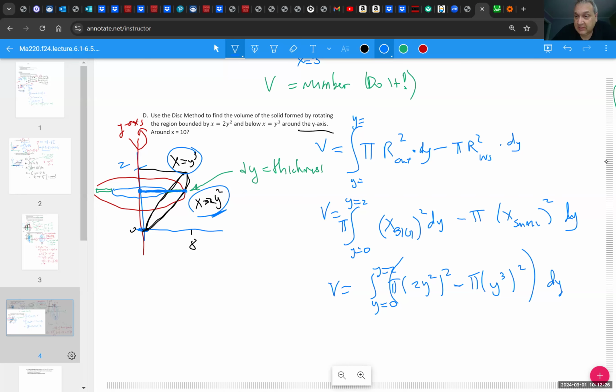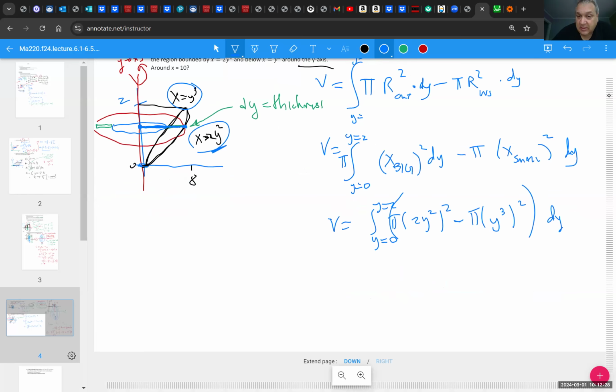At this point, you just have to do the math. So you get the pi, you get 4y to the fourth. Some people put the 4 in front of the pi, I don't care. This one is y cubed squared, which is y to the 6th, so pi y to the 6th, and you get a dy.